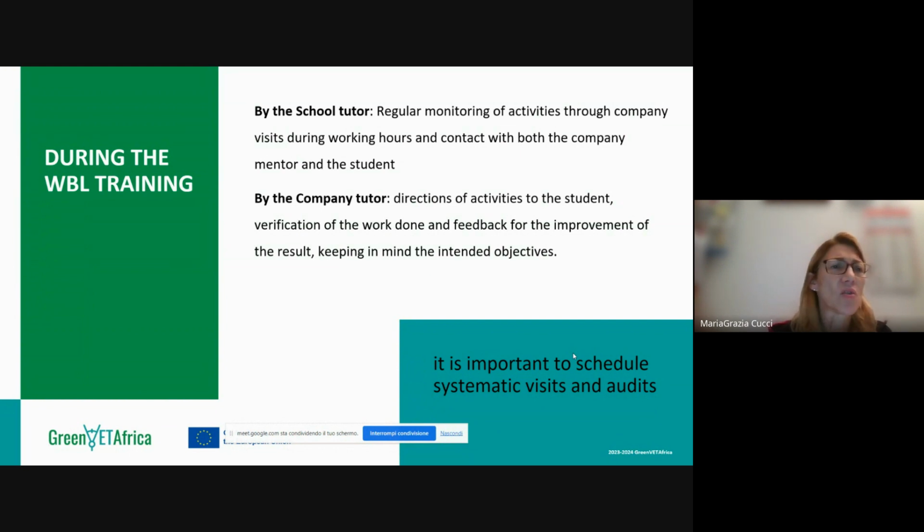Then what is going on during the WBL training? The second point is monitoring. The school tutor makes regular monitoring of the activities during the working hours.